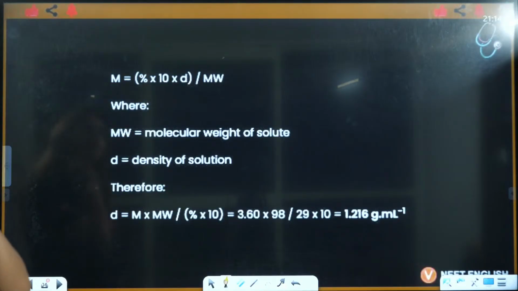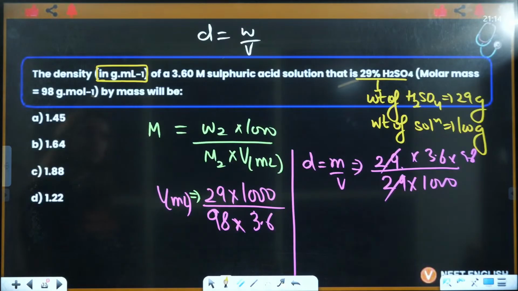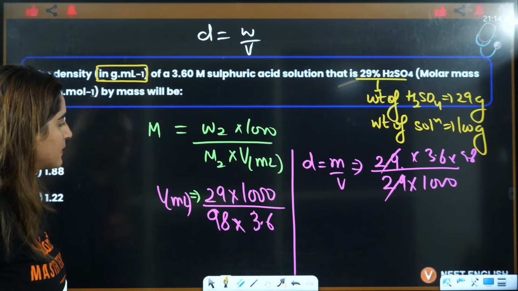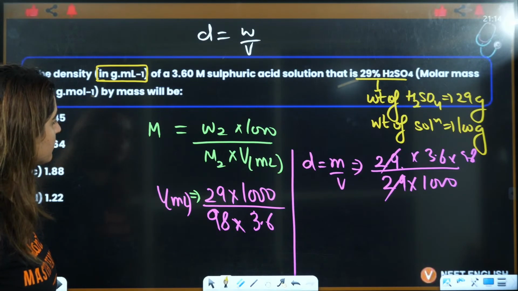I don't want to solve it by direct formula method. No, that's why I'm looking at this 29, that is weight of solute, right? That should be that way only.